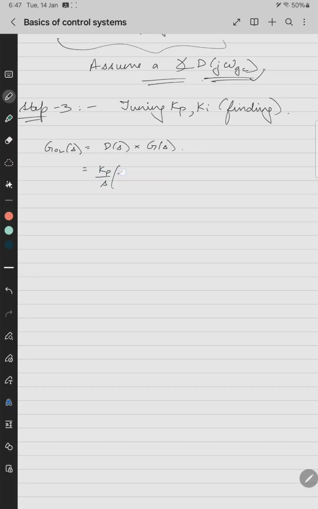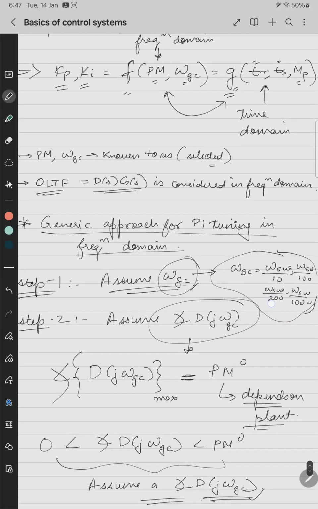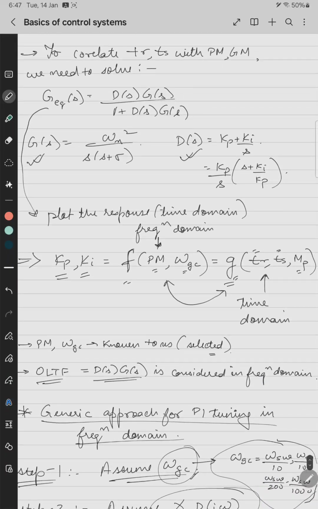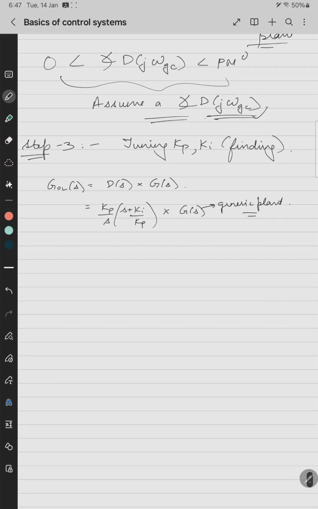Kp by S into S plus Ki by Kp, correct, into G of S, the generic plant. Yes, this is correct.